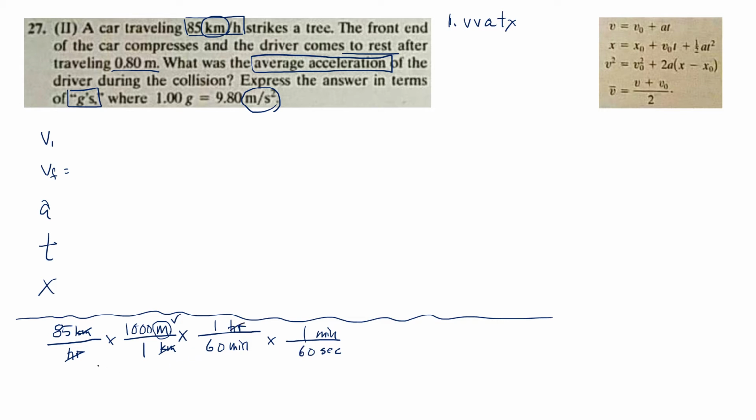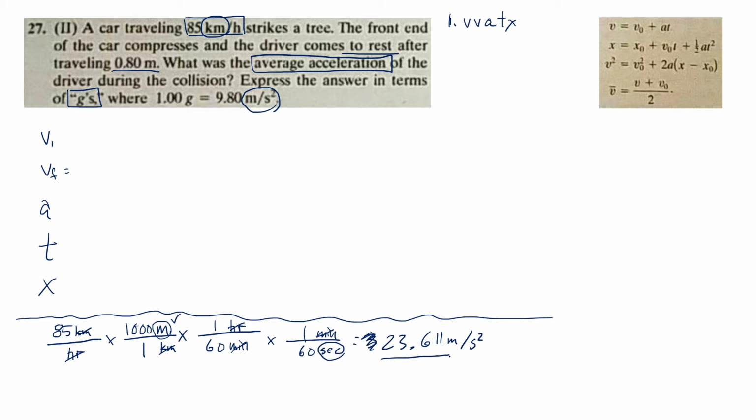So hours will cancel, minutes will cancel. I'll end up in meters per second, which is pretty darn good. If I do some math, I get 23.611 meters per second.